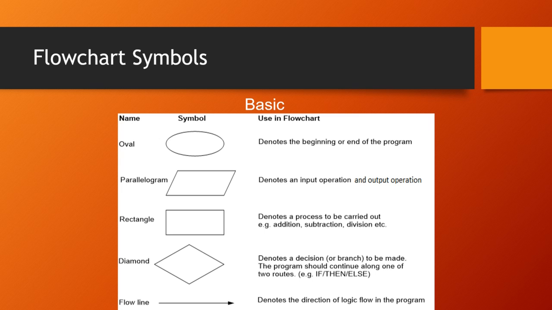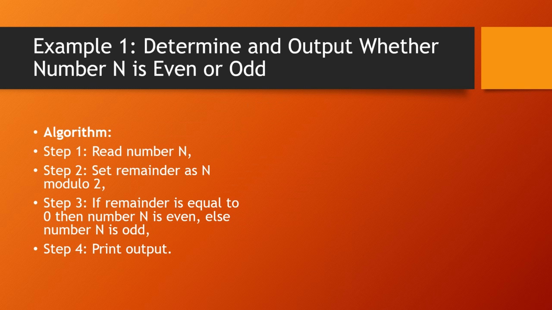So let's try to look at an example. Determine the output whether the number n is even or odd. So for an algorithm, the first step is to read the number n. Then the second step is set remainder as n modulo 2. Then step 3, if remainder is equal to 0, then the number is even.